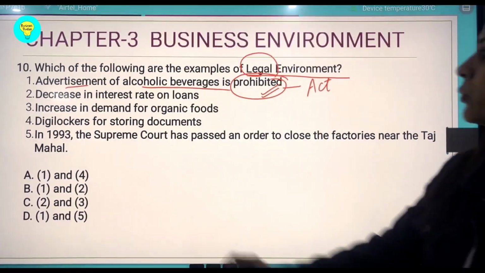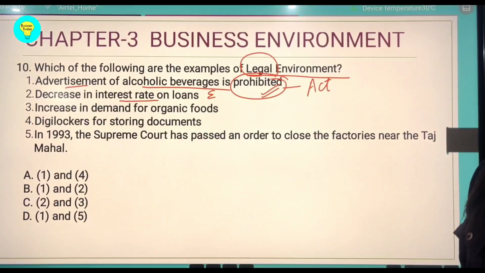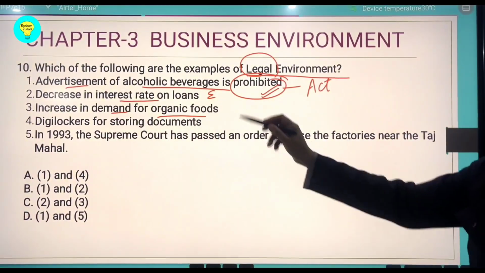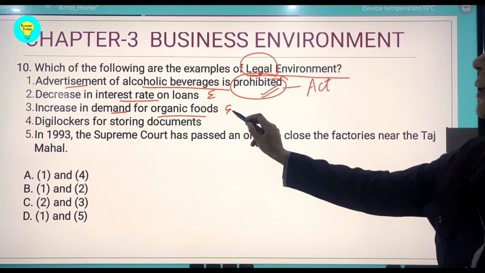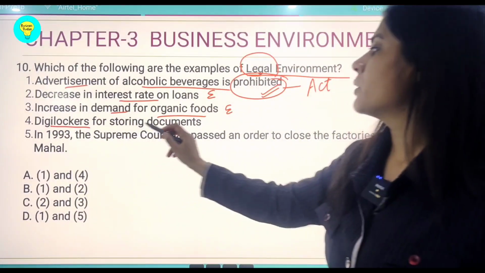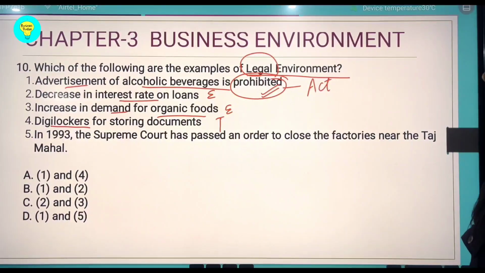Decrease in interest rate of loans, this we can't say because it is covered under the economic aspect. Increase in demand of organic foods is also demand and supply, economic. Then lockers for storing the documents, this relates to the digital world and hence is covered under technological environment.